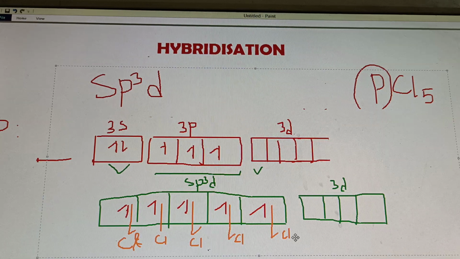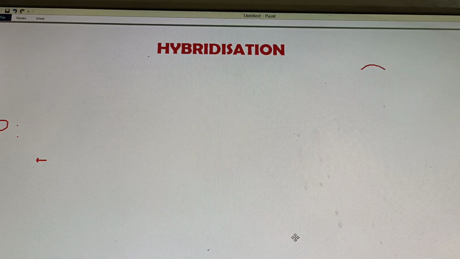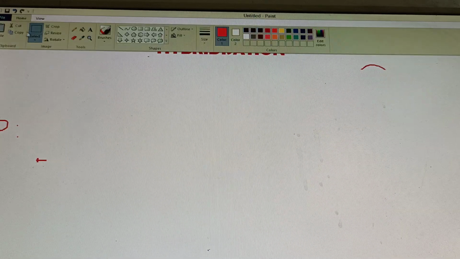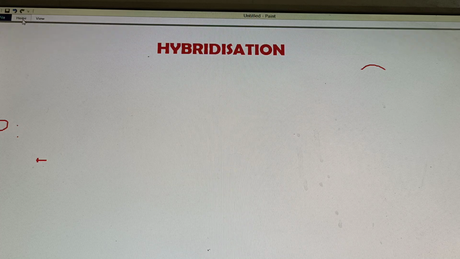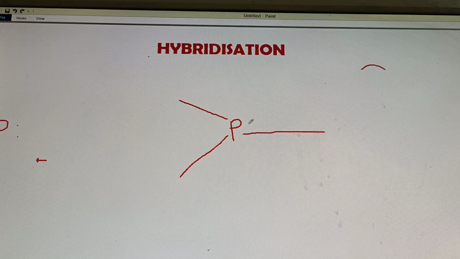So how are these sp3d orbitals directed in space? It's like phosphorus with orbitals here, this, this, this one and this one.